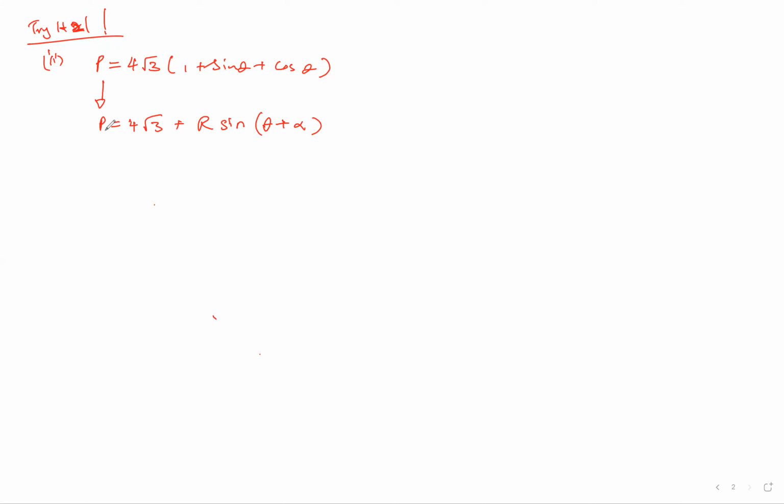So how do we go about doing it? You need to expand. No choice, have to expand. So when you expand, you get 4 square root 3 plus 4 square root 3 sine theta plus 4 square root 3 cosine theta.